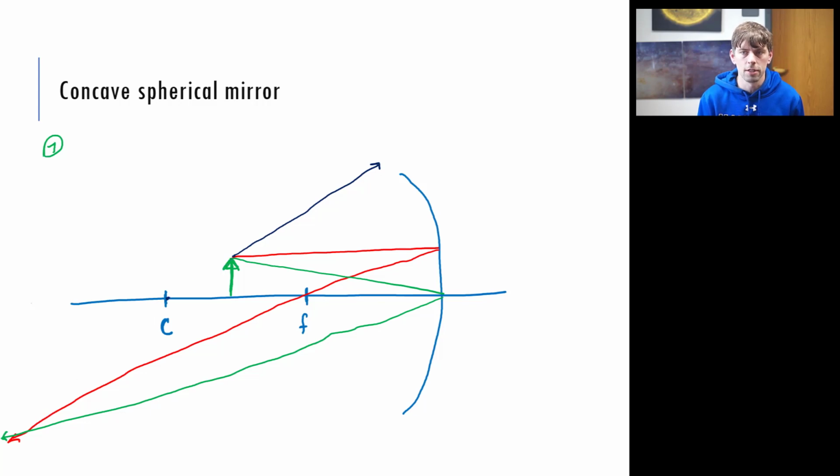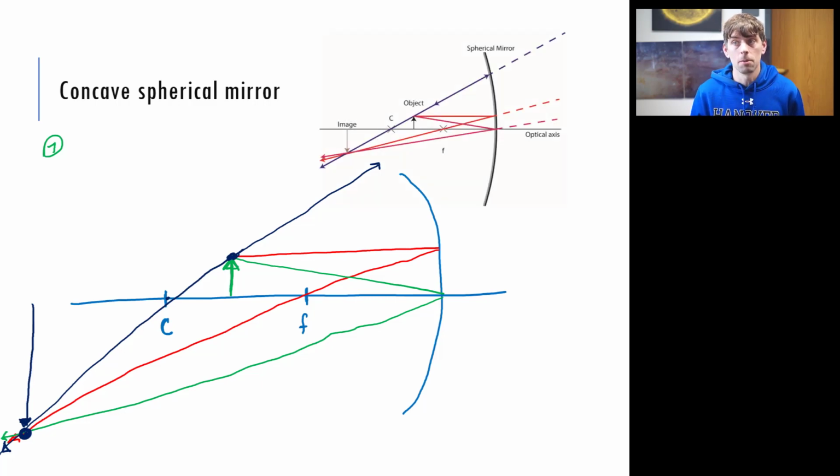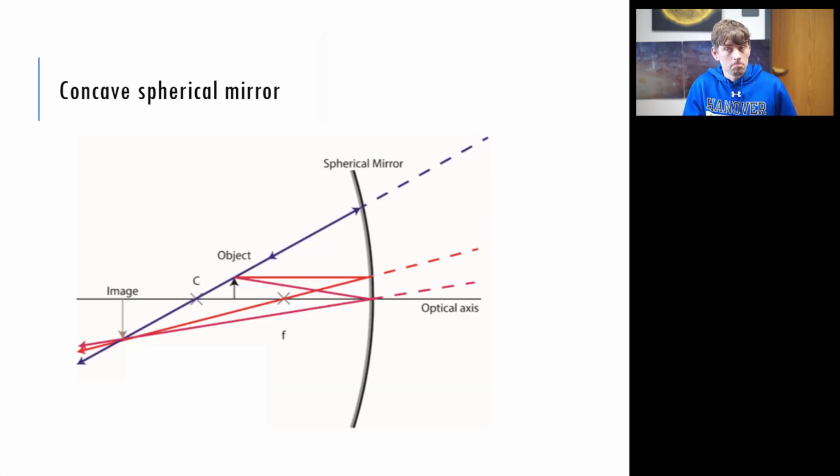Okay, well, I'm cheating a little bit, but through that center and passing right here. So those three rays emanate from the top of my object. The intersection of those three should be the top of my image. Cool, huh? Of course, if you'd prefer a more complete diagram, here you go.